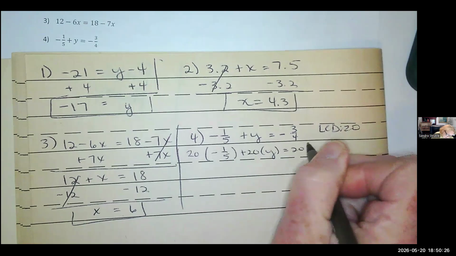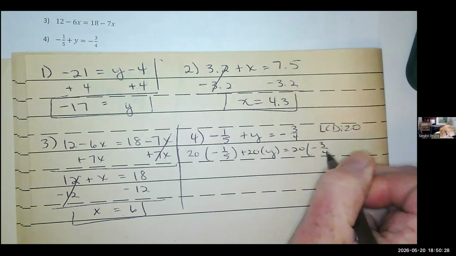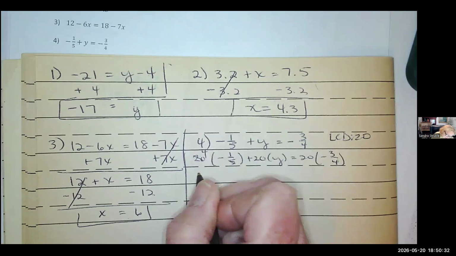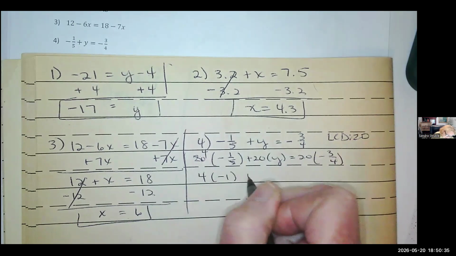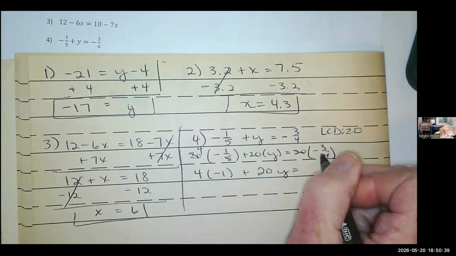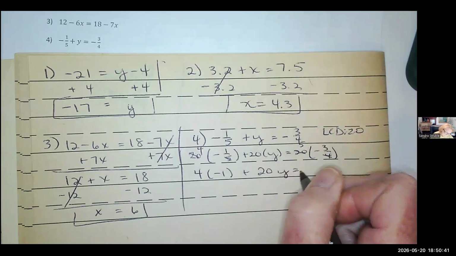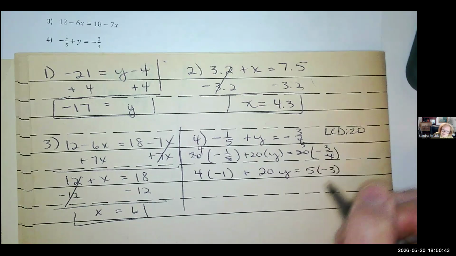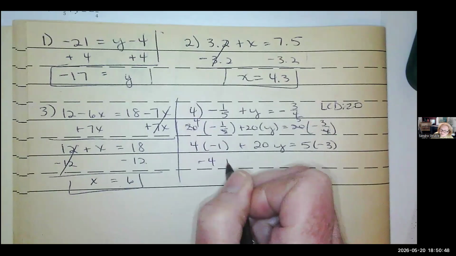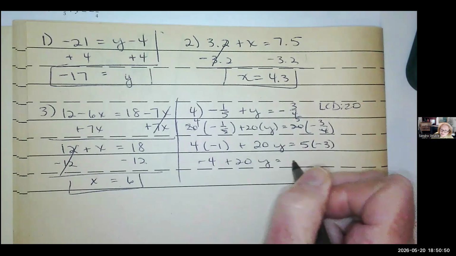All right, and then we need to reduce. 20 divided by 5 is 4. So 4 times negative 1. 20 times y is 20y. And 20 and 4 reduce gives me 5 times negative 3. 4 times negative 1 is negative 4 plus 20y is equal to negative 15. We just need to move this 4 to the other side.